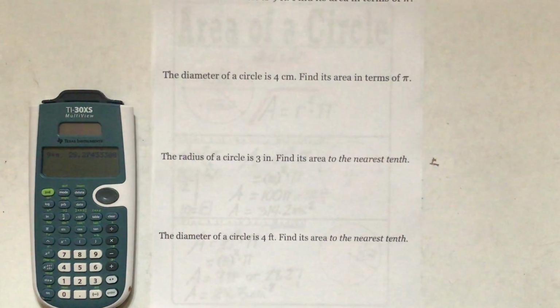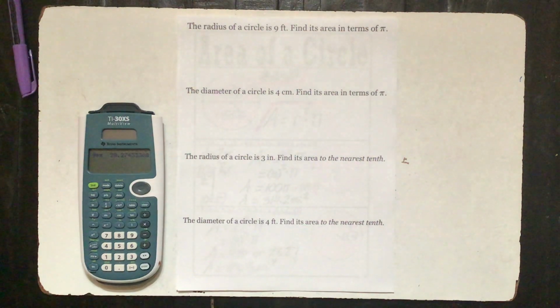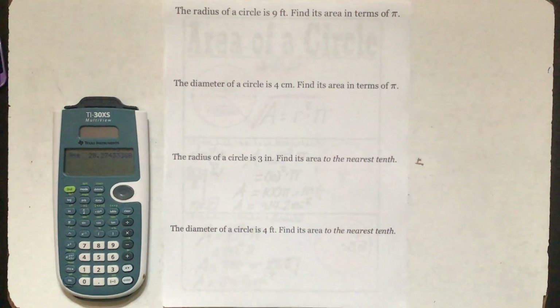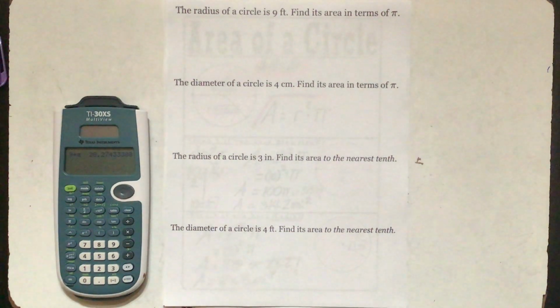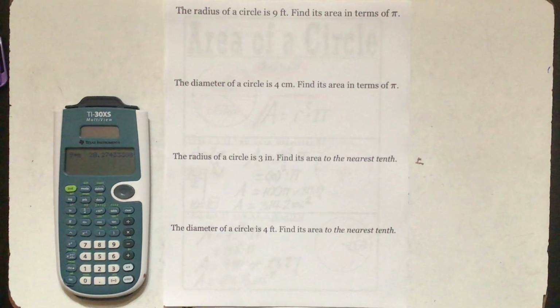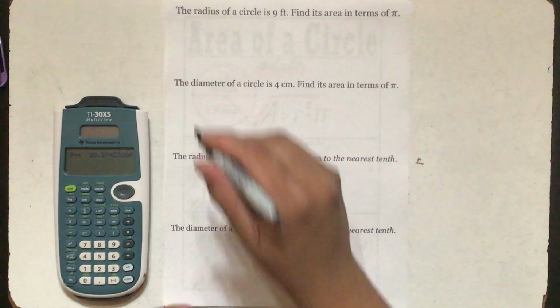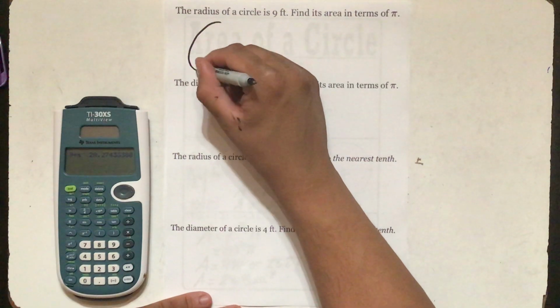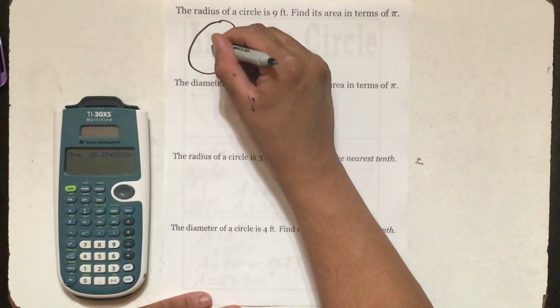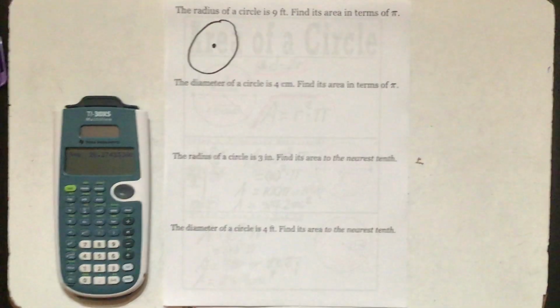Delta Math. So let's make sure that this is visible here. All right. So first step, let's draw a circle here. All right, let's have a visual with our point in the center.